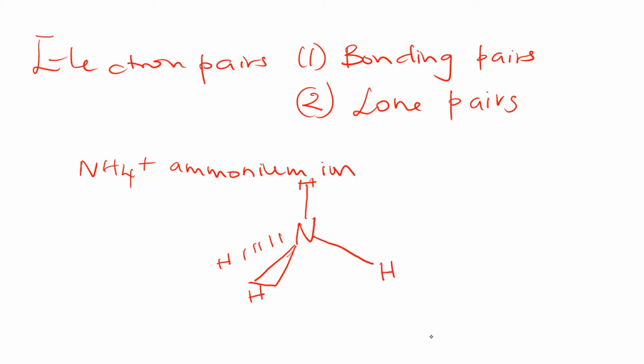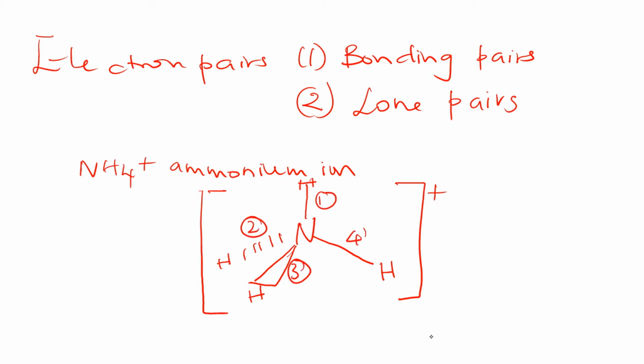It's an ion. So you can see it has 4 electron pairs, 1, 2, 3, 4, and all of them are bonding pairs because they're taking part in bonding.